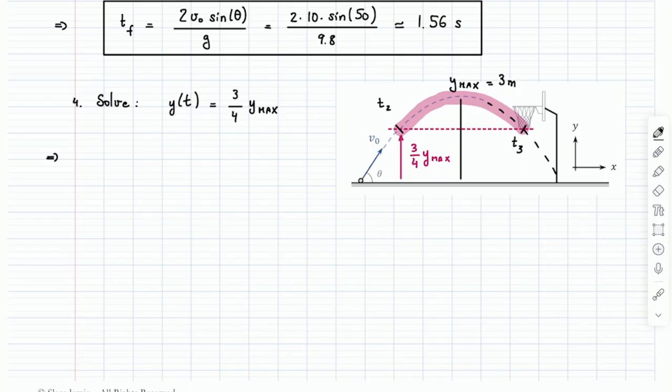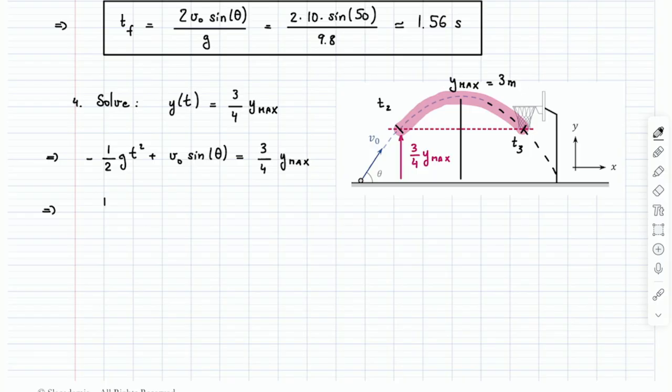Okay, so I am solving minus 1/2 of g t squared plus v naught sine theta t is equal to 3/4 y max. All right? Okay. So let's put everything on the same side. I'm going to throw everything onto the right side.